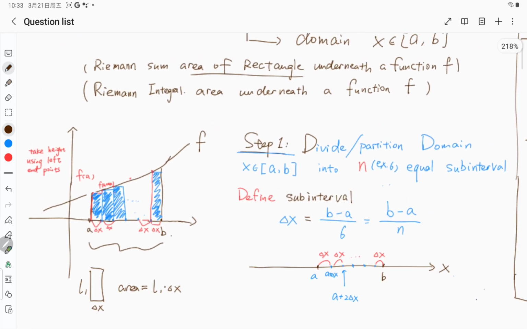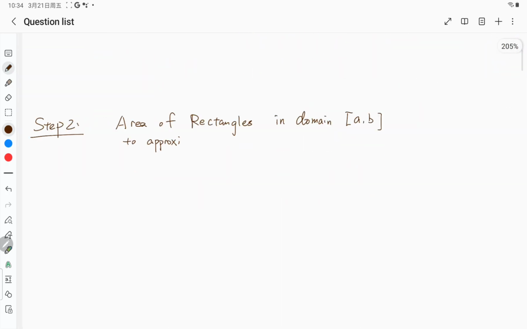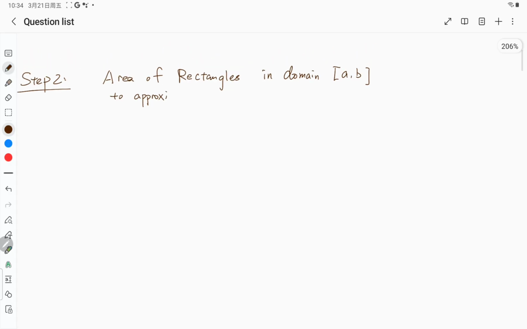Why do we even care about drawing these rectangles? Because usually the function curve is smooth, and it's hard to calculate the area below a smooth curve, especially in ancient times. So we decompose it into rectangles and sum up the area of the rectangles, right? The idea is not hard.